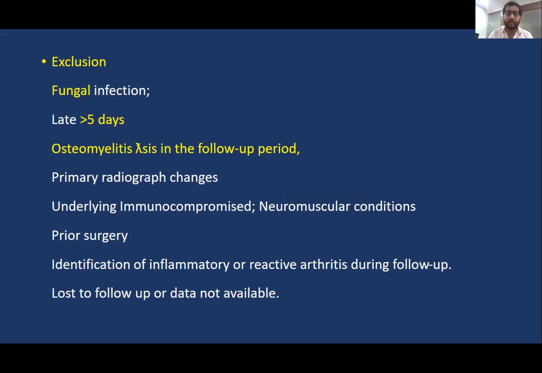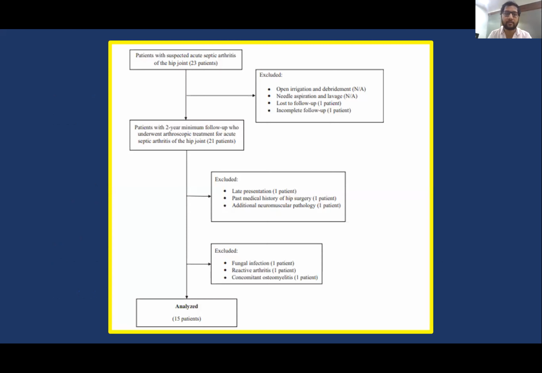So they excluded fungal infections, late presentations, osteomyelitis which was diagnosed in the follow-up period, primary radiographic changes, underlying immunocompromised or neuromuscular conditions, prior surgery, and cases which were diagnosed to be reactive arthritis at the follow-up, or cases who were lost to follow-up. So there was a long list of exclusions.